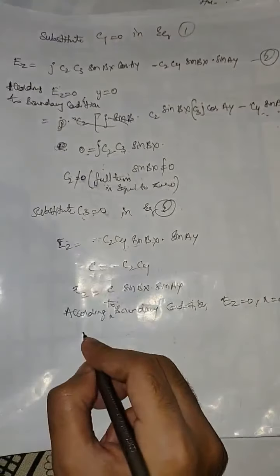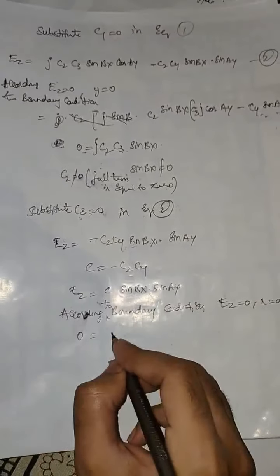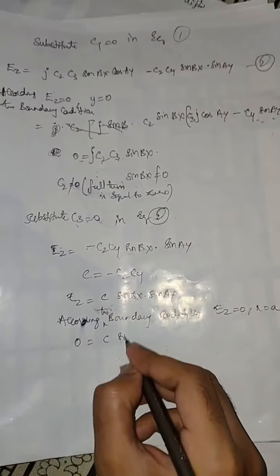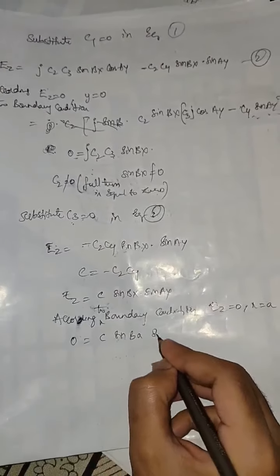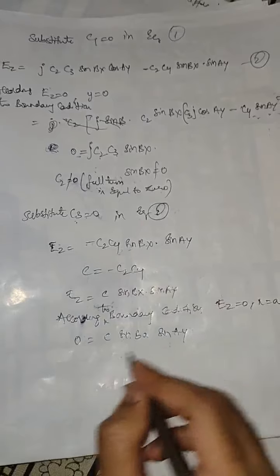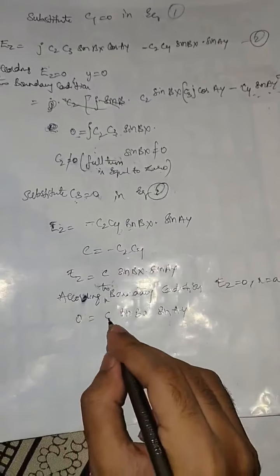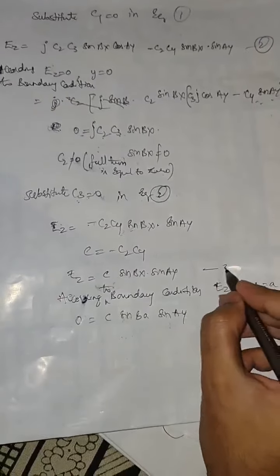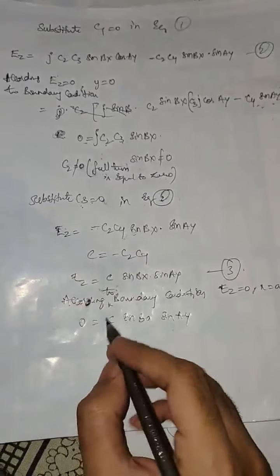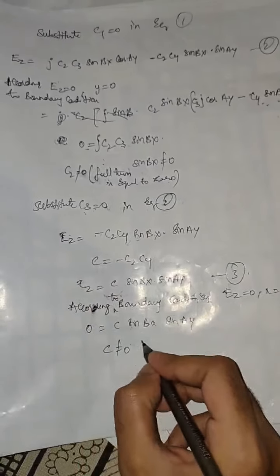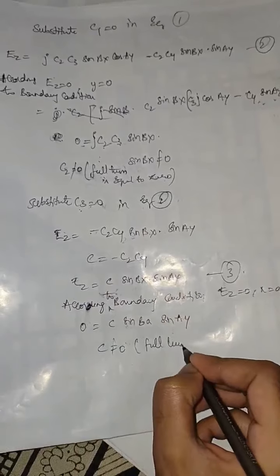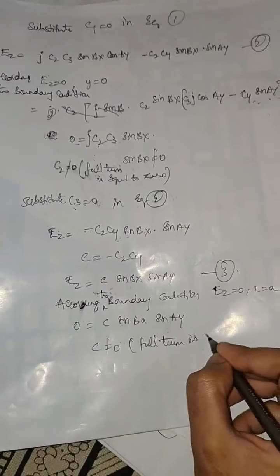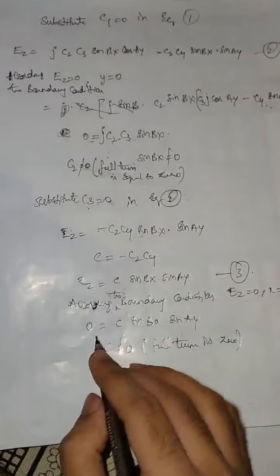So I substitute x equals 0, Ez equals 0, and x equals a, so b a sin of ay. Now you can see if c equals 0, then this equation tends to 0. The entire term cannot be 0, so c cannot be 0. This is not possible.